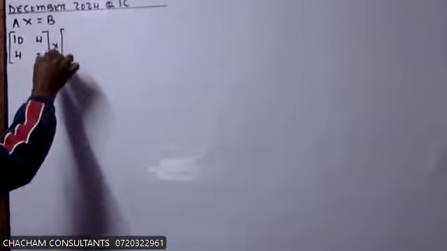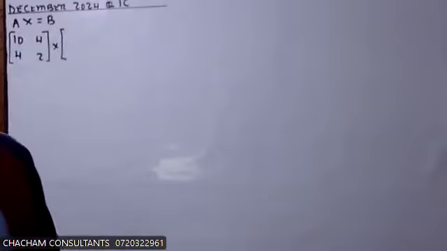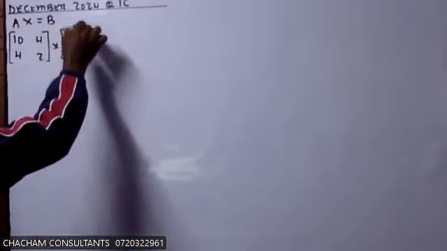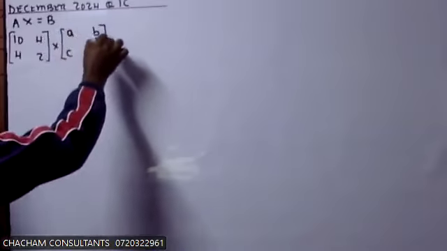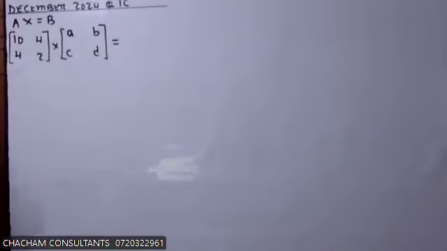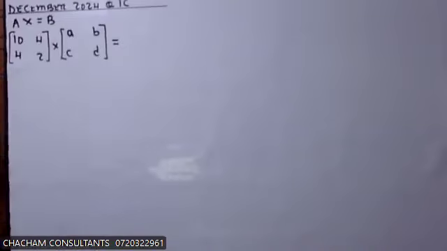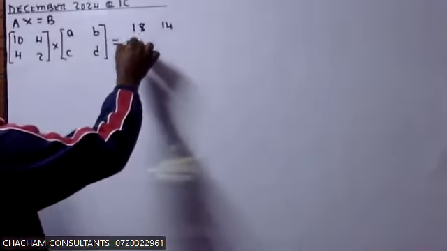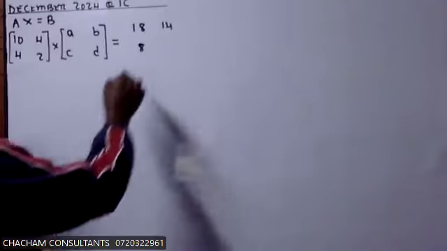It is multiplied by this matrix, A, B, C, D. And when we multiply, we have gotten 18, 14, then 8, and 10.